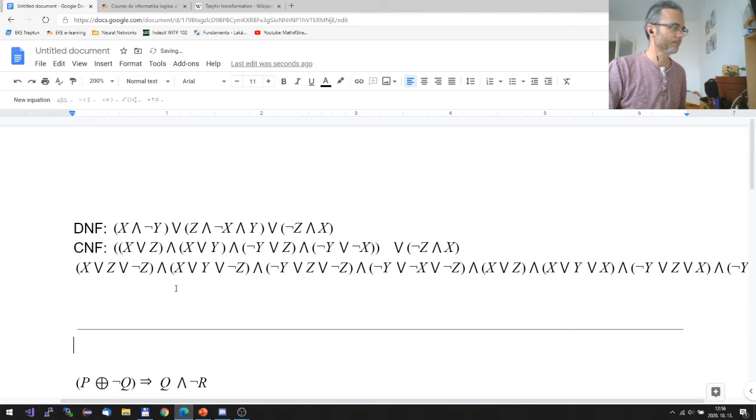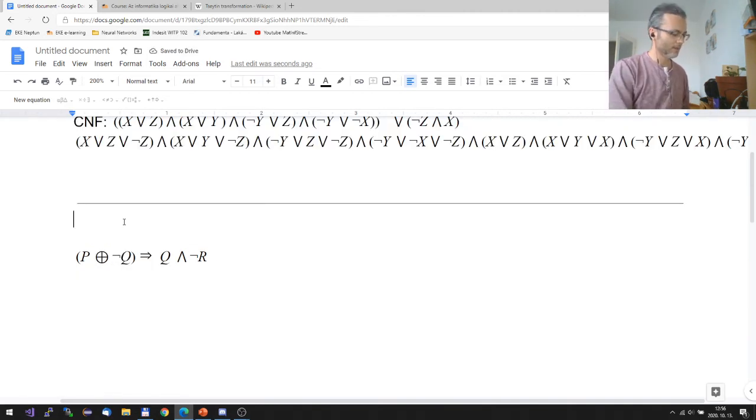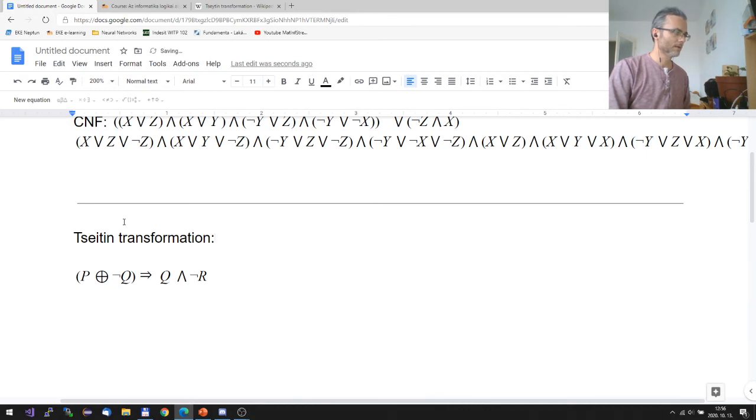Nope. Okay, so now I'm going to show you the Tseitin transformation, how to use it. So here I already prepared a very nice formula.